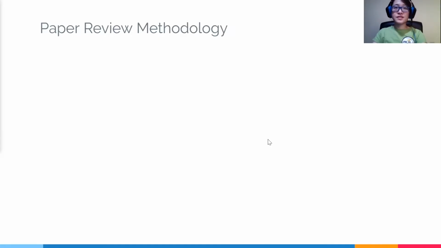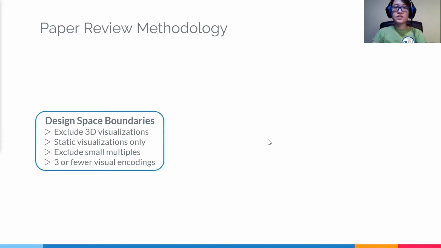Next, we discuss the assumptions and process of our paper review. Without boundary, the visualization space will be too broad and also impractical as an input to automated visualization design systems. So we apply some theories from existing literature as a guideline to set some boundary to our defined visualization space.